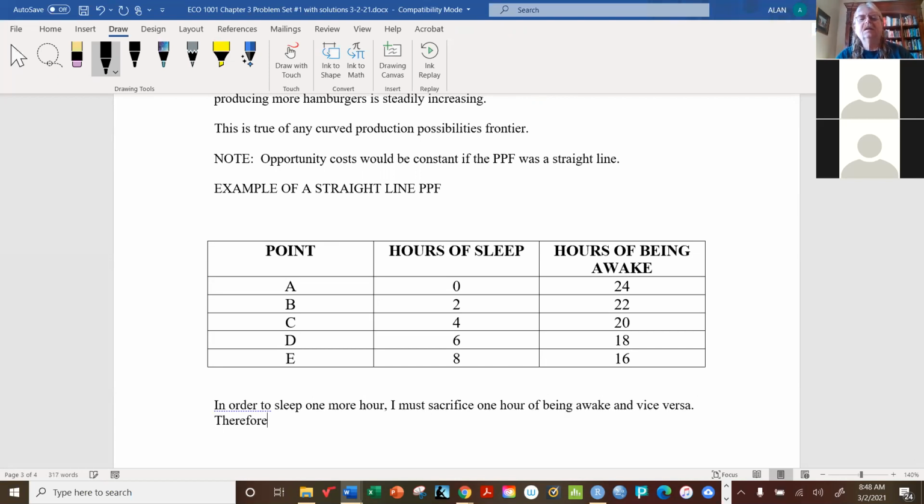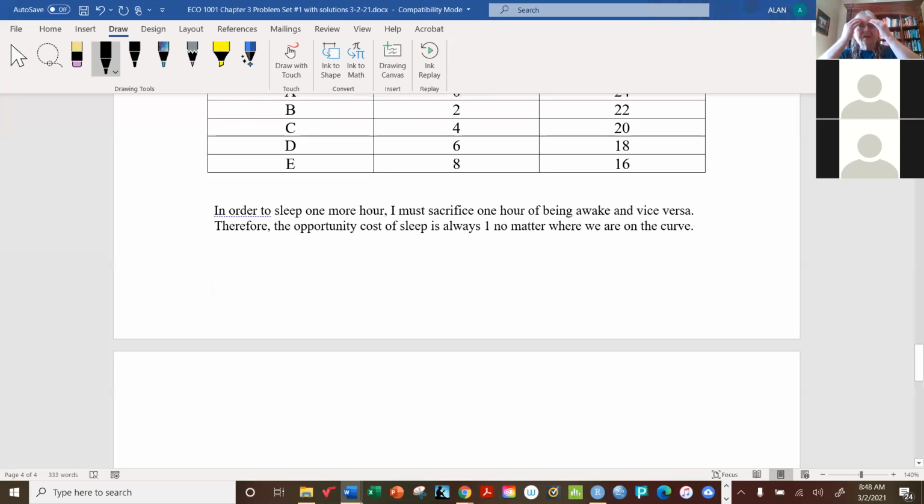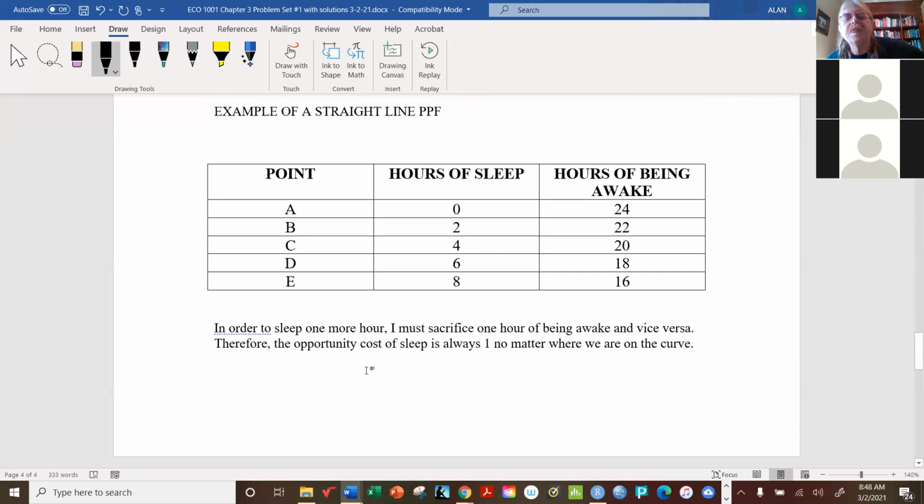Therefore, the opportunity cost of sleep is always 1, no matter where we are on the curve. That would be an example of a straight line production possibilities frontier. It's a direct trade-off between the number of hours you can spend in each activity.